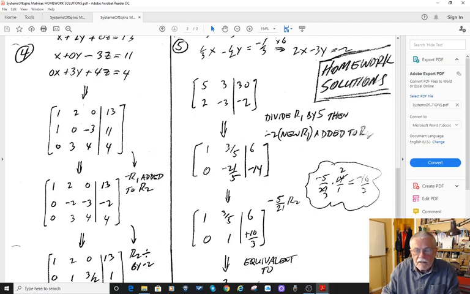Multiply by -2. So this is -6/5 added to -15/5 is -21/5. Okay, when you add fractions, you want to have common denominator. Multiply this by -2 is -12. Add to -2 is -14.